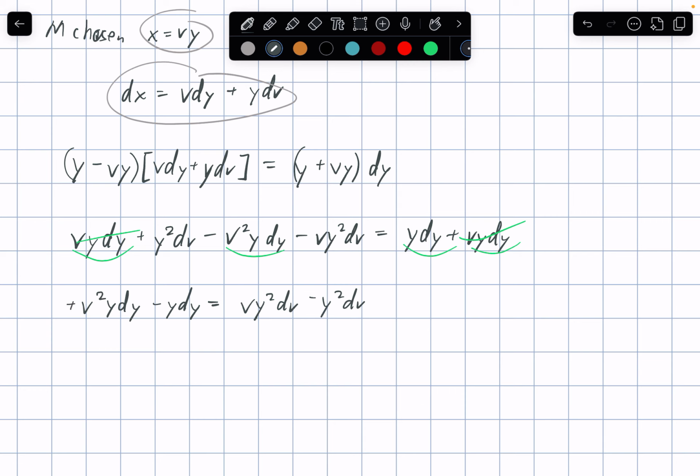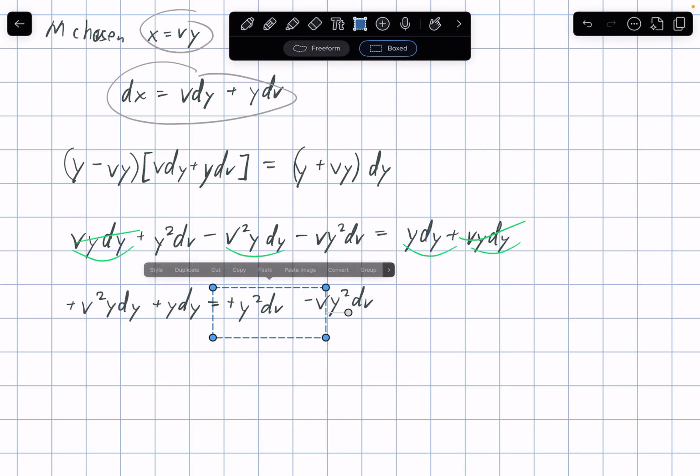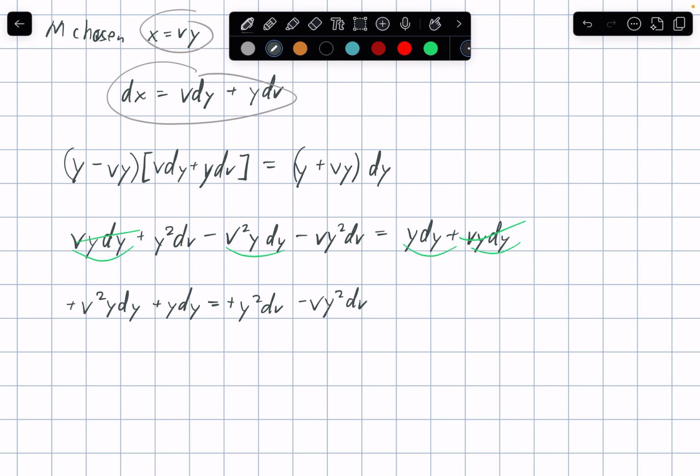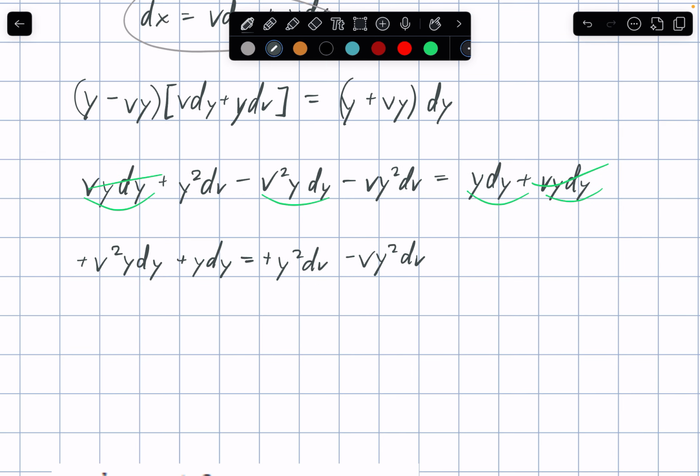Let's change the signs, it looks awkward. So all these are positive, here it will become negative. Let's organize. It looks much better this way, okay? And so y times v squared plus 1 dy equal to y squared times quantity 1 minus v dv, no?